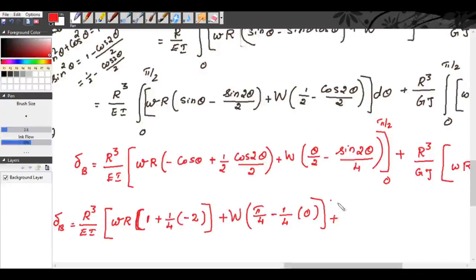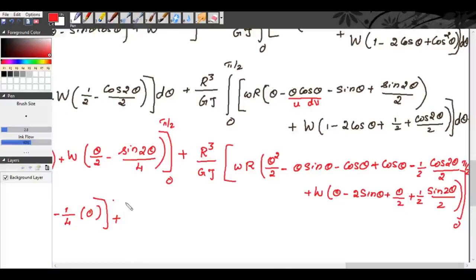Plus R cube by GJ into WR into theta square, that is pi by 2 the whole square by 2. We get pi square by 8 minus sine pi by 2 is 1, sine 0 is 0.